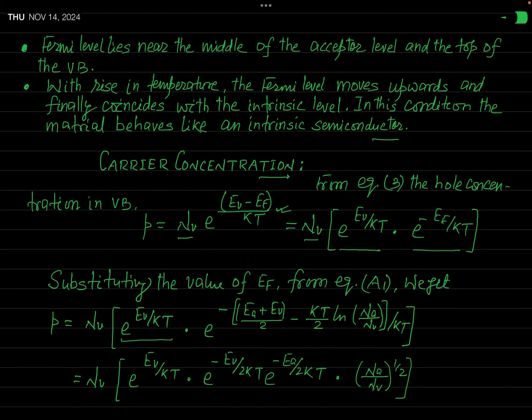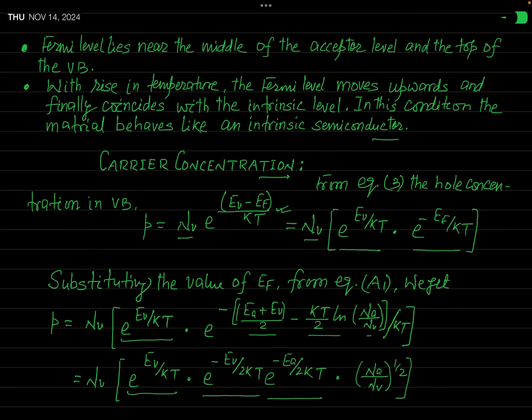So this will be e to the power minus EA plus EB over 2 minus KT over 2 log of NA over NV, and whole divided by KT. Now let us simplify it. The second factor can be written as e to the power minus EV divided by 2 KT times e to the power minus EA divided by 2 KT.